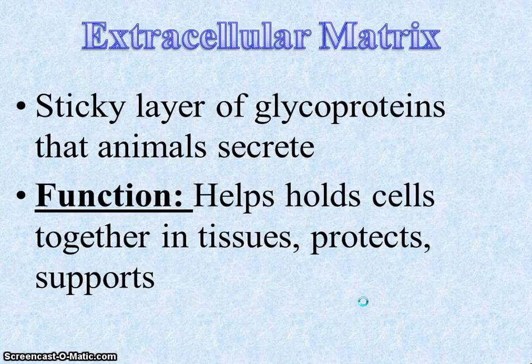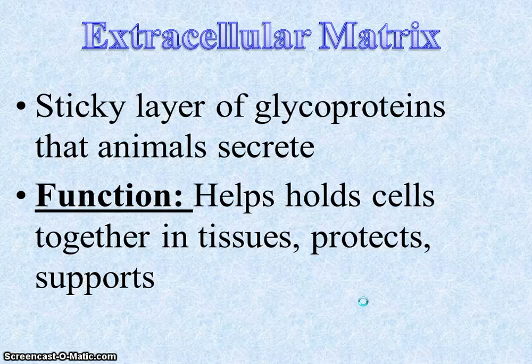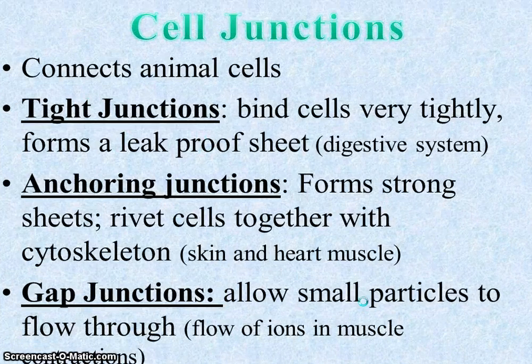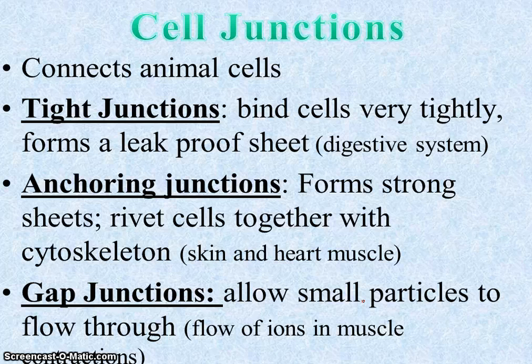Okay. Animals are going to secrete a sticky substance, which is called the extracellular matrix. That's going to help hold cells together and help protect and support the structure. Okay, we also have junctions, just like the plant cells had the plasmodesmata. We have tight junctions, anchoring junctions, and gap junctions. Okay, tight junctions are found within the digestive system.